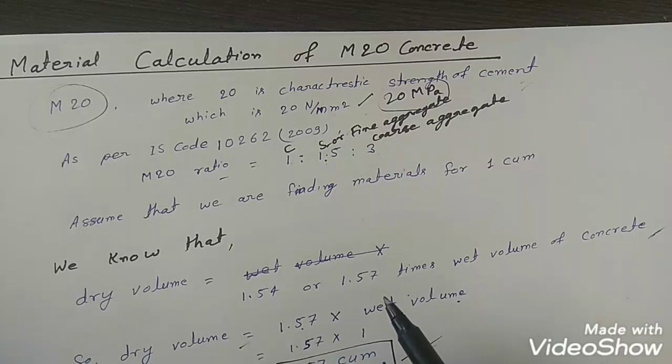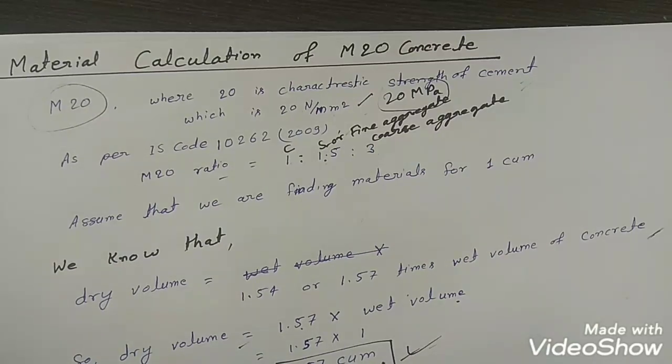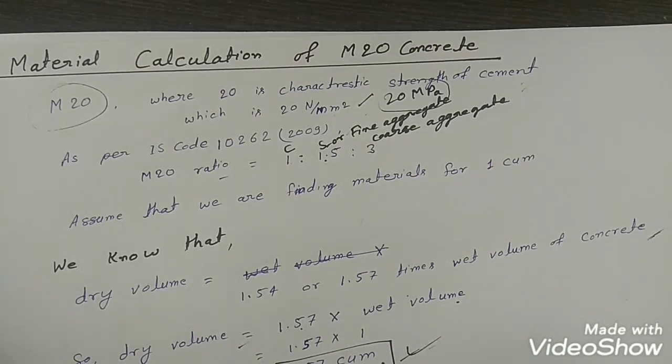So we will calculate the amount of materials for 1 cubic meter. For that we need to find the dry volume because all the materials are available in dry condition.